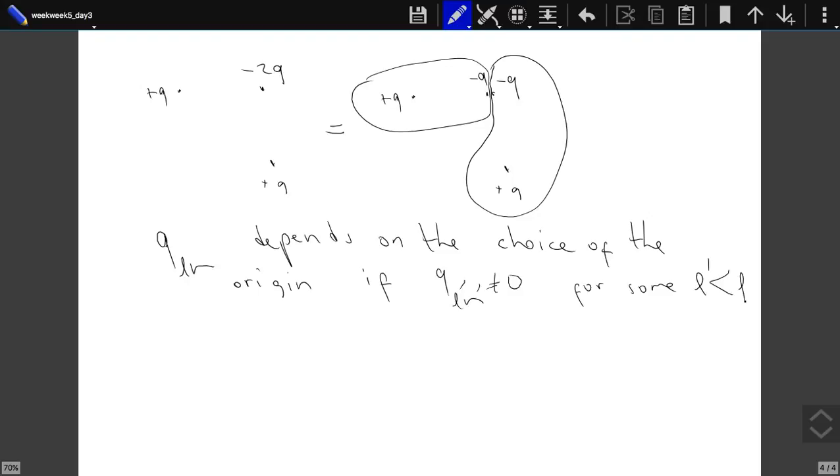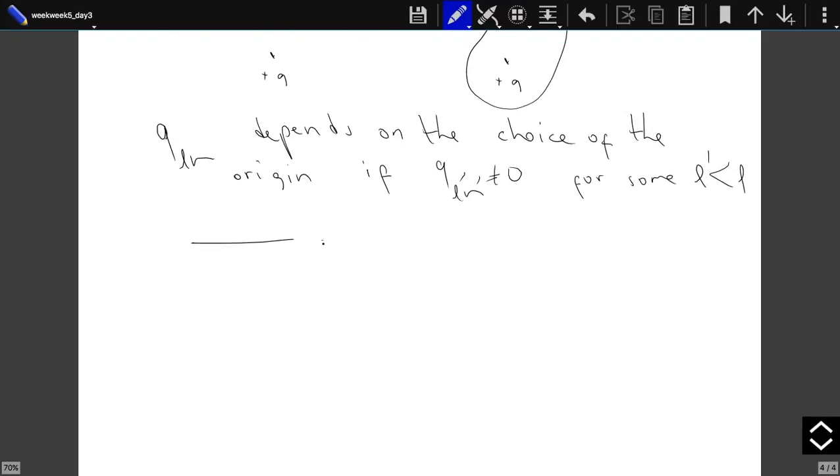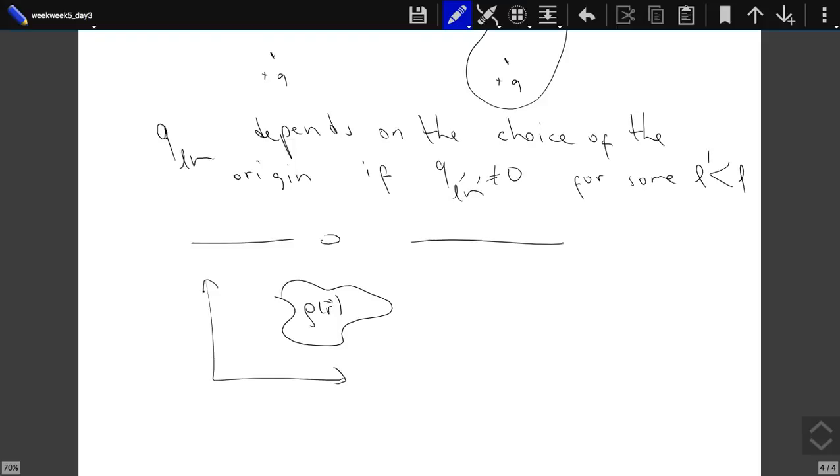Is converting our results calculated with respect to one origin to another easy? Let's try. Let's see. So we have this charge distribution, whatever it is. Then we have one coordinate system and another coordinate system with a different origin.